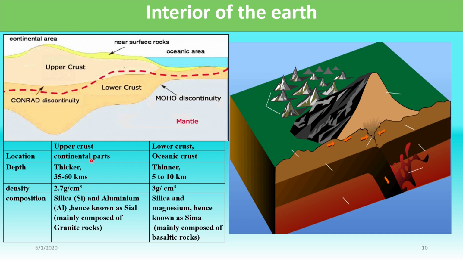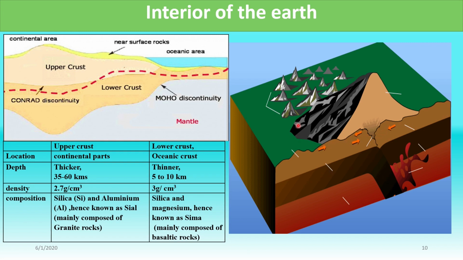Upper crust is the continental part, whereas below that we get the oceanic crust. Actually, the continental crust is floating on the oceanic crust.